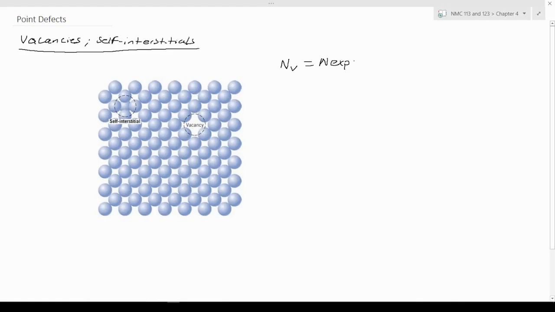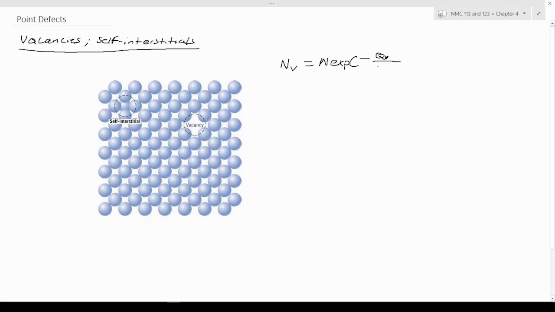And then you have this Arrhenius equation of the dependency of the number of vacancies. This is the activation energy required for the formation or the initiation of vacancies.